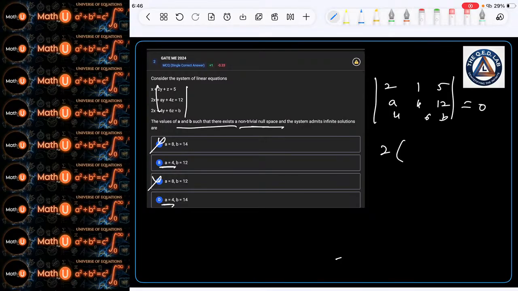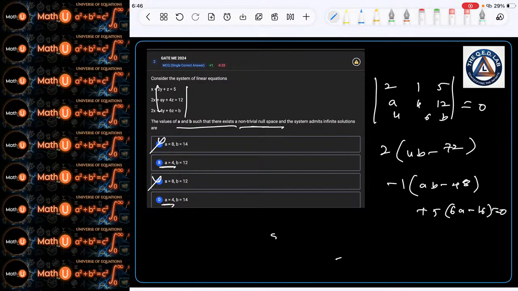Expand this, we get 4b minus 72. Minus 1, if we expand this one, ab minus 48, plus 5, we get 6a minus 16 equal to 0.